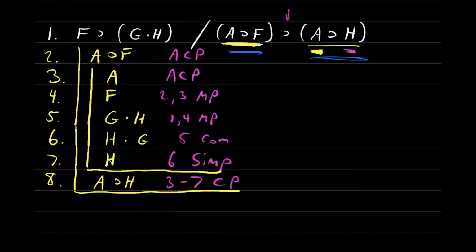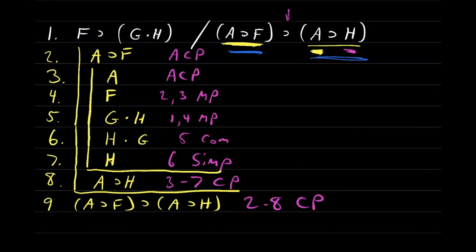On line 9 now, outside the scope of both of those lines, I've shown this. If I start out by assuming A implies F, then I can get A implies H on its own line. And that follows from line 2 through 8 by conditional proof, CP.